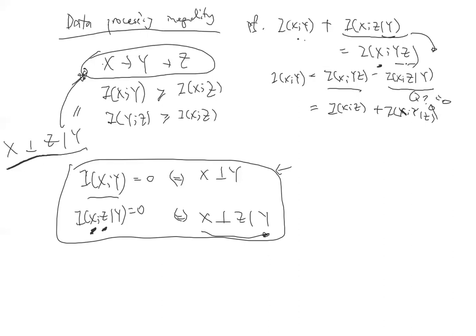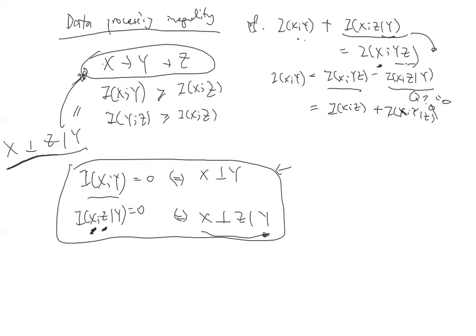You can easily show that, because you can write mutual information as a KL divergence, and KL divergence is always positive.